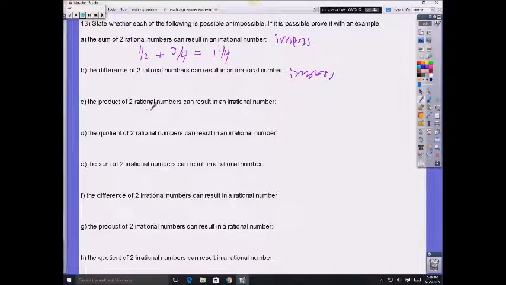So two rationals, the product, that's multiplication. These are all impossible. Impossible, impossible, impossible.